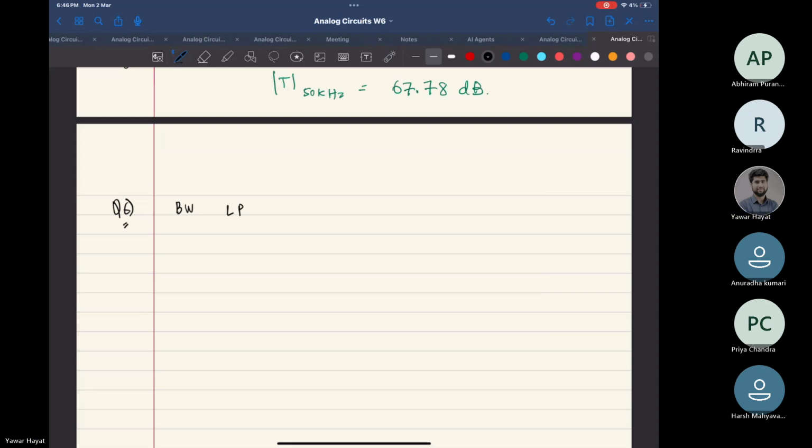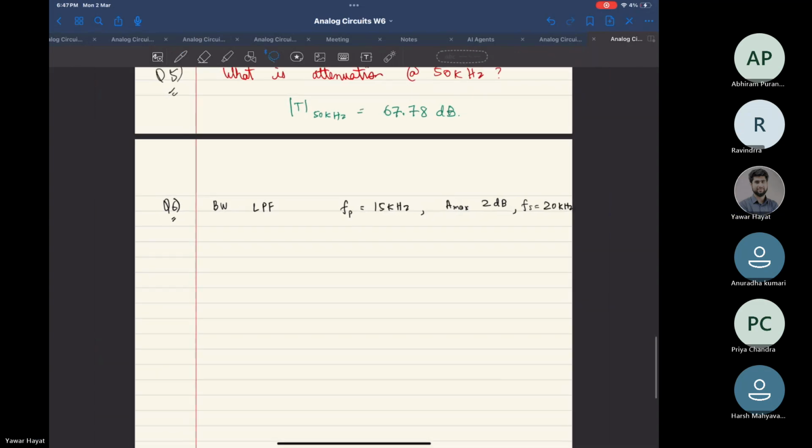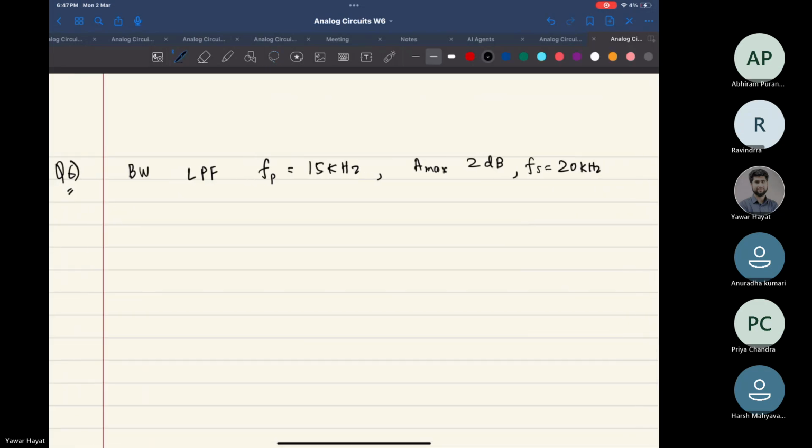Your FP is 15 kilohertz, A max is 2 dB, FS is 20 kilohertz, and here A min is 30 dB.